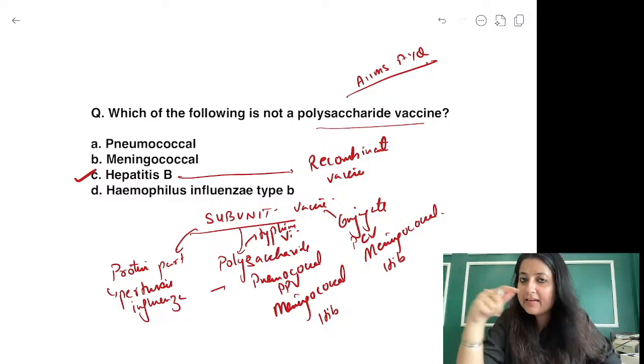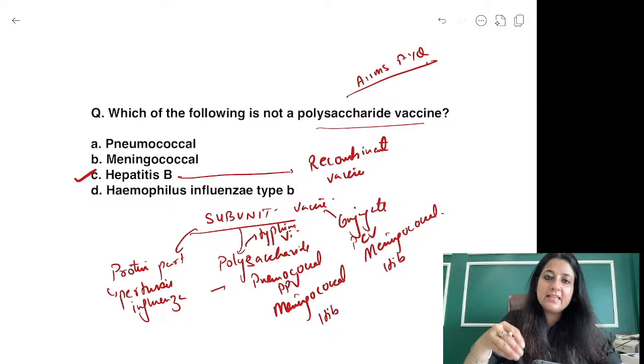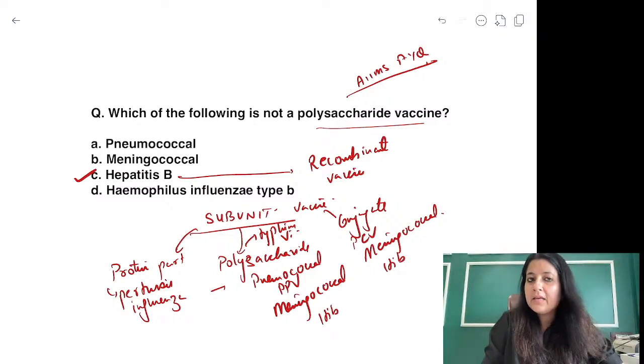Conjugate: polysaccharide and protein added, recognized by T cells. Clear?